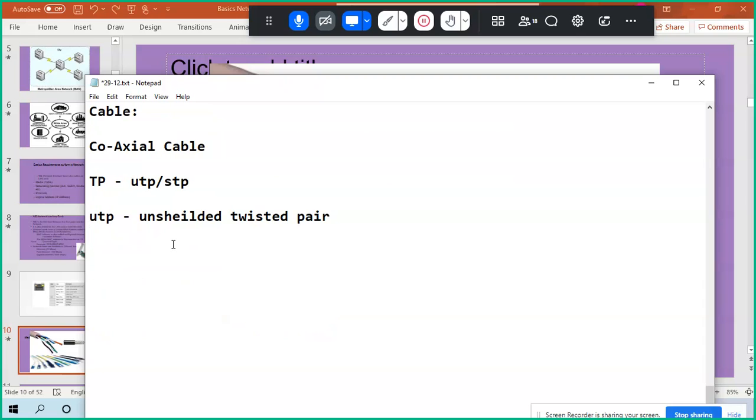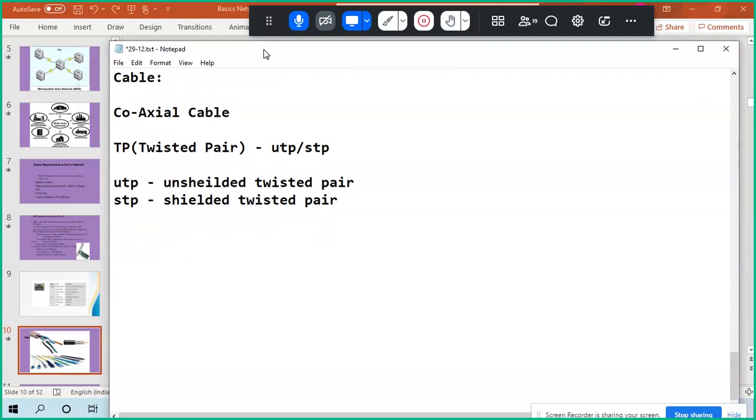What is TP? Twisted pair cables. STP means shielded twisted pair cables. Unshielded twisted pair cable, shielded twisted pair cable.